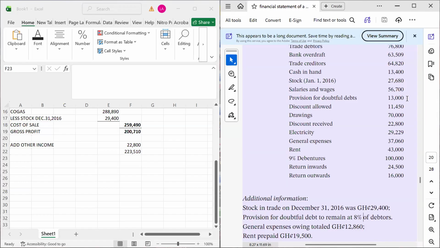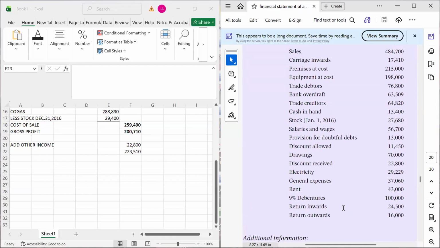Okay. Now, this is what it means. First, let's calculate it first. So we were told that provision for doubtful debt to remain at 8% of debtors. What is the debtors figure? You come here, you see trade debtors is this figure. Let's do some rough work here.